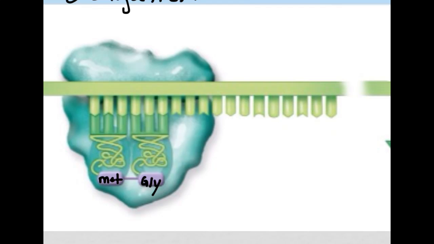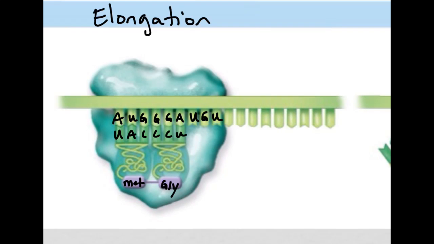I'm going to go ahead and add in our codons and anticodons at this point too, just to make it all pretty picture. All right, so I put in the bases in the mRNA strand. I put in our anticodons on our tRNA. And now I want to point out the big important thing here in this picture, which is, notice that the methionine and the glycine formed a bond.